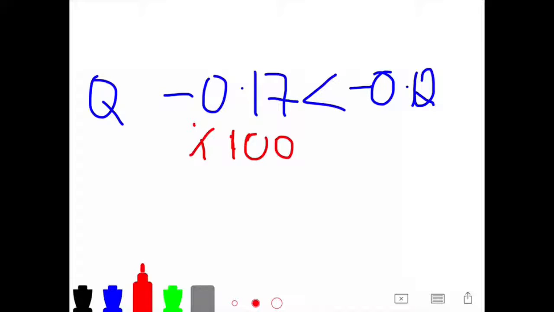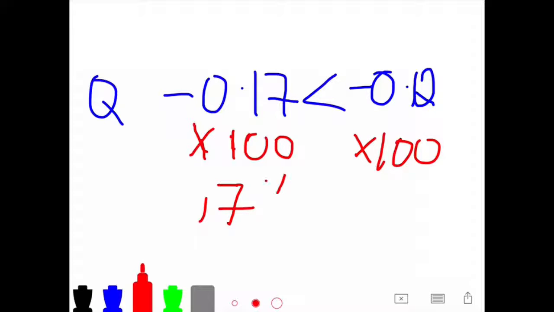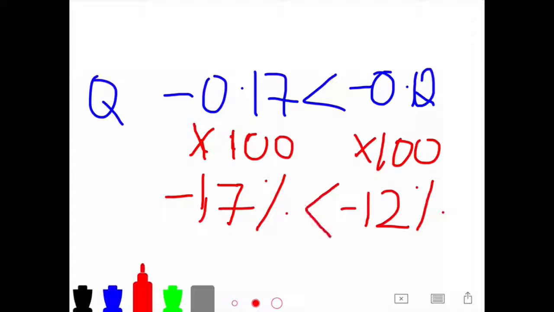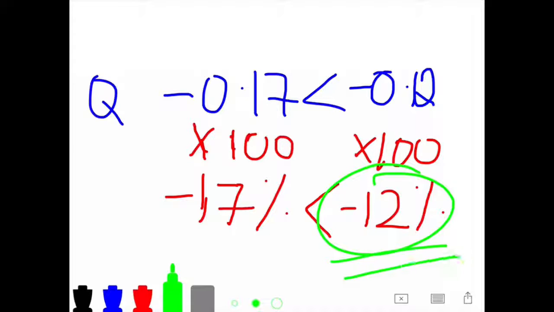So 100 times minus 17, and the same goes for this one. And think about the start of the lesson. We were talking about the number line, how the negative integers, as you go down, are less big than the ones that are positive. They're closer to the positive. So therefore, minus 0.12 is bigger because it's closer to the positive integers. So it's true.